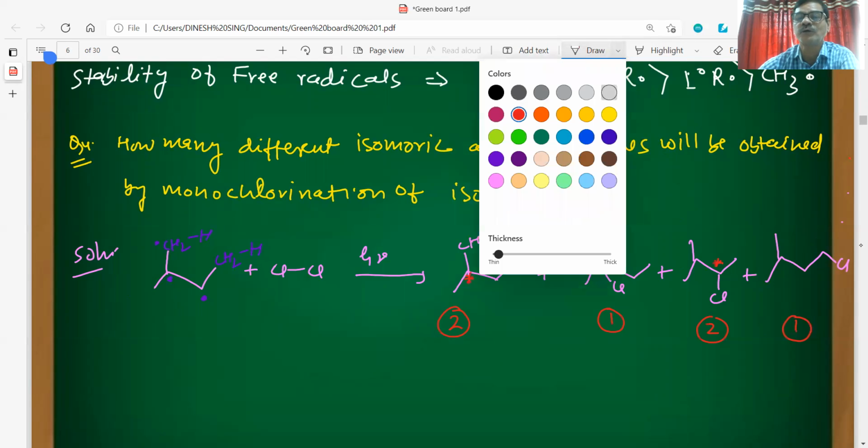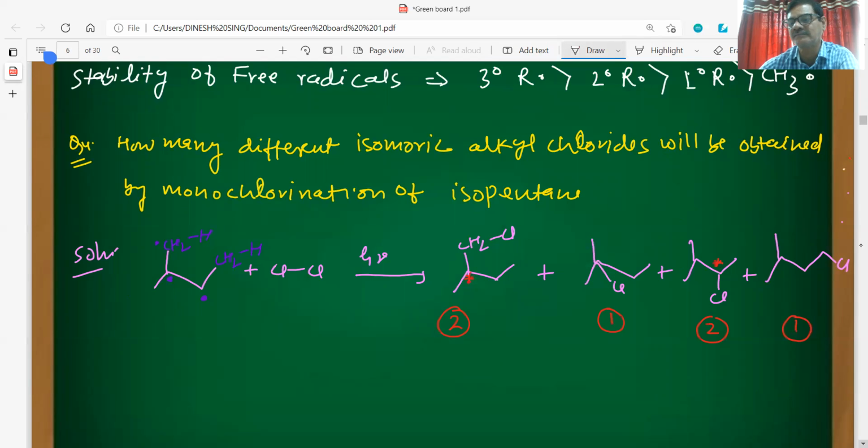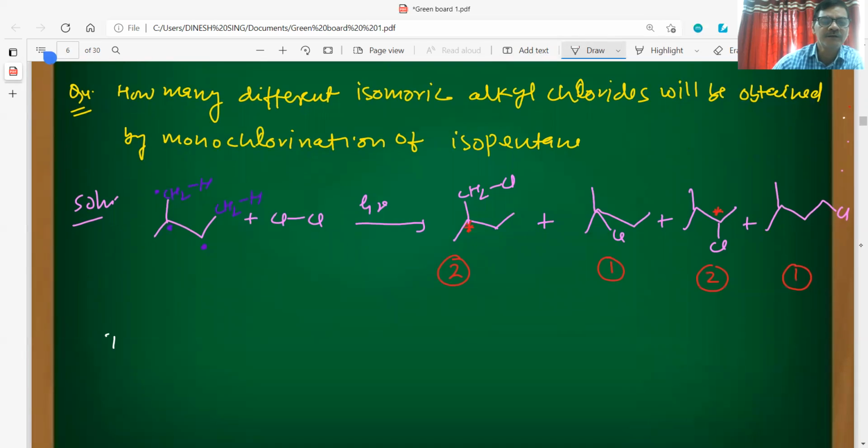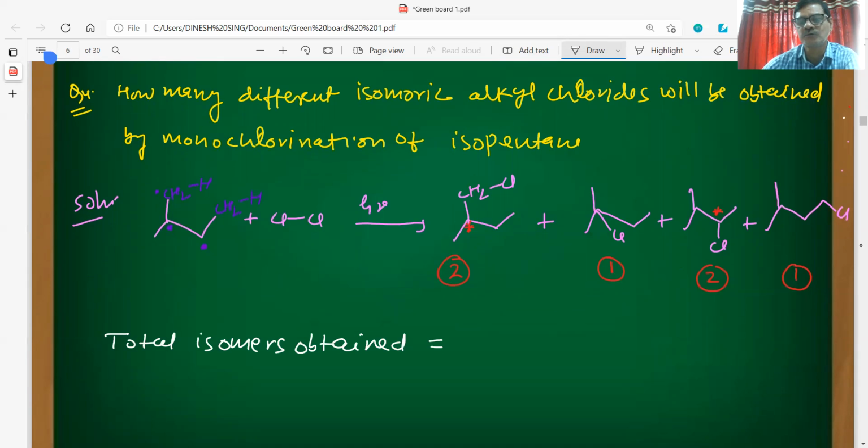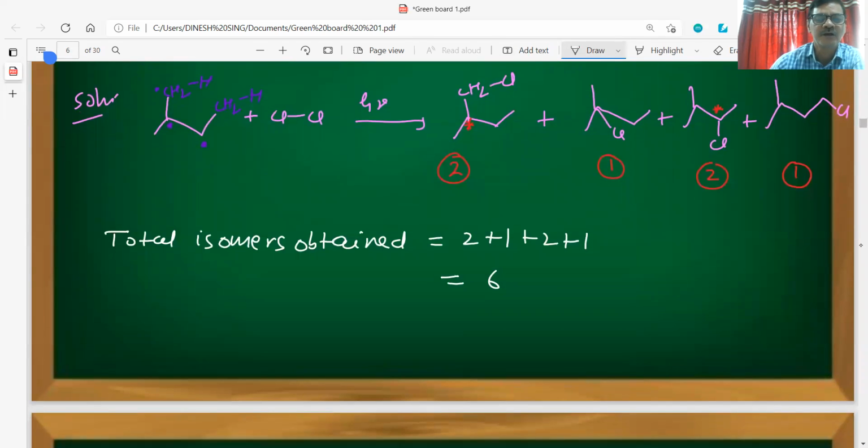Now the total number of isomeric products is asked. So total isomers obtained by monochlorination will be 2 plus 1 plus 2 plus 1, so this is 6 isomers, out of which how many will be optically active?